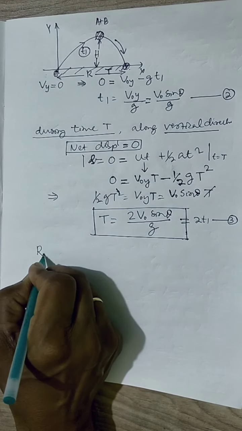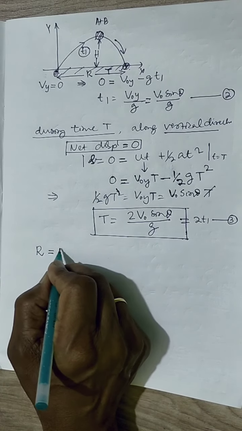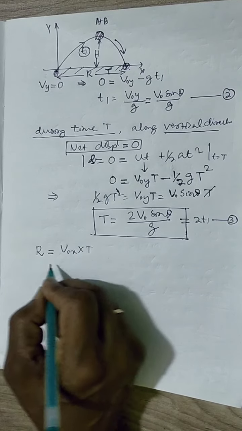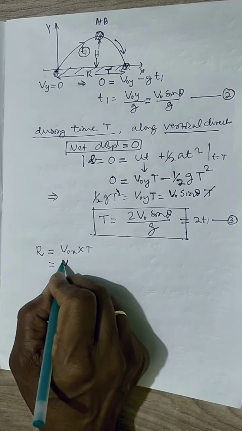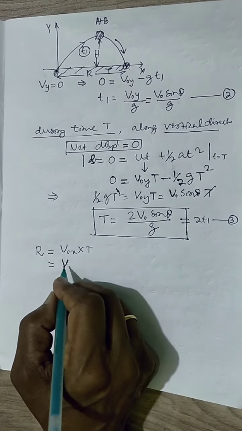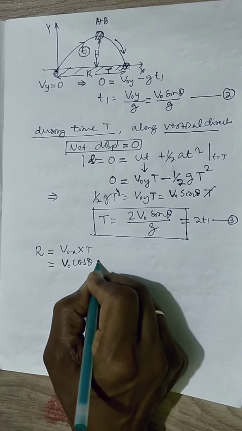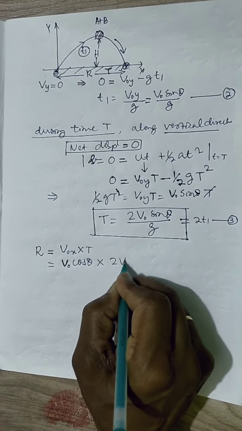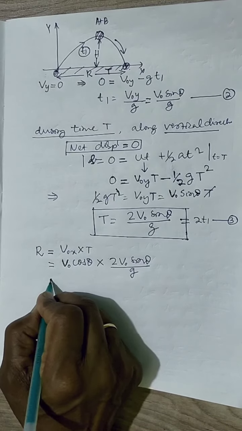This R is equal to velocity along the x direction, that is v0x, times time t. v0x is the component of the velocity along the x-axis, that is v0 cos theta, and t is our 2 v0 sin theta by g.